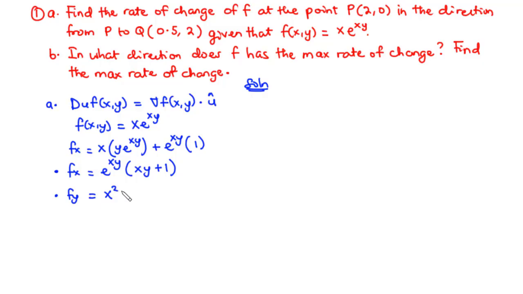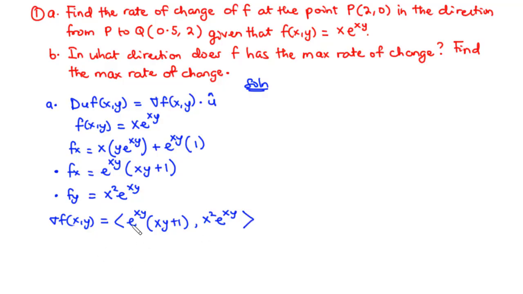So that is fy. Next we have the gradient of the function equal to the vector which has components fx, e to the power xy times xy plus 1, comma, fy, x squared times e to the power xy.